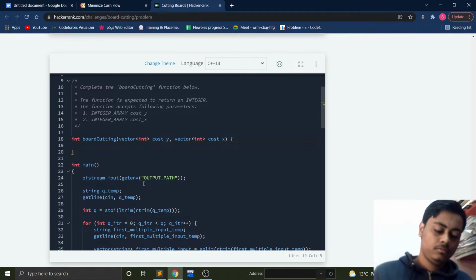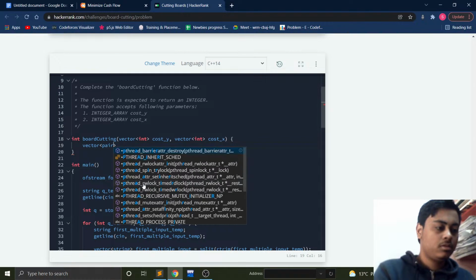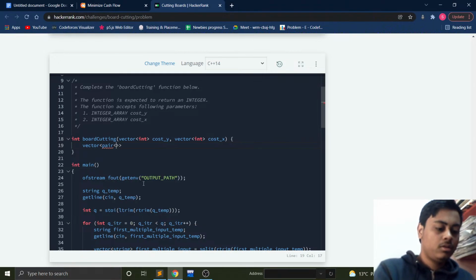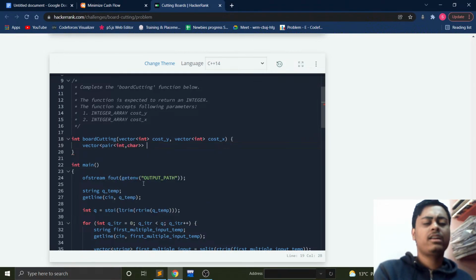Fine, I can make a separate vector of pairs, a pair of int comma a character. Let's keep x and y to be more clear.